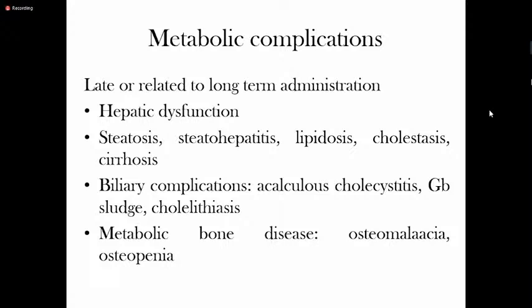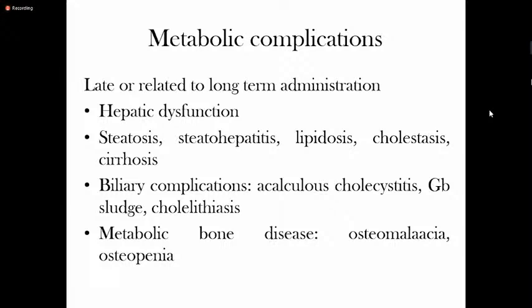Metabolic complications that are late or related to long-term administration include hepatic dysfunction. And with hepatic dysfunction, we can have steatosis, steatohepatitis, lipidosis, cholestasis, and cirrhosis. We can also have biliary complications, okay? And biliary complications include calculous cholecystitis, gallbladder sludge, and cholelithiasis.